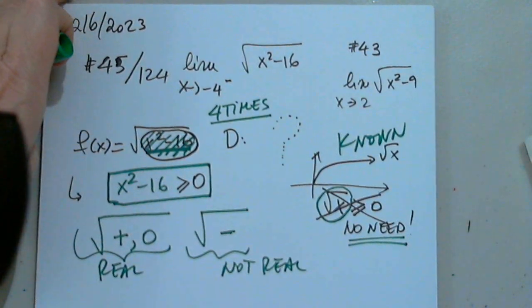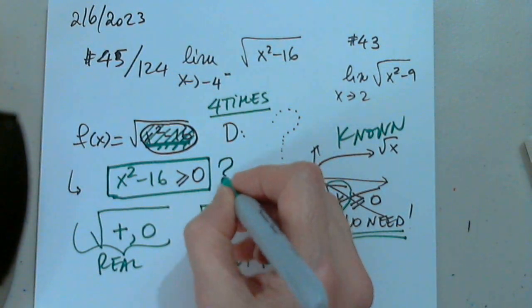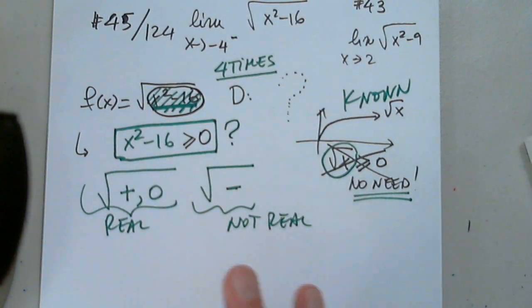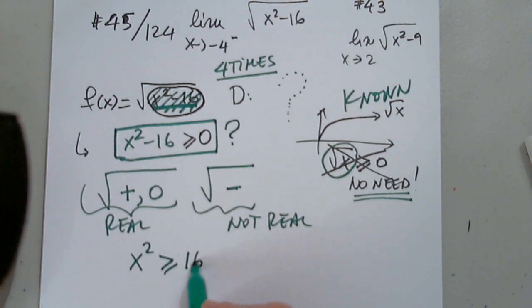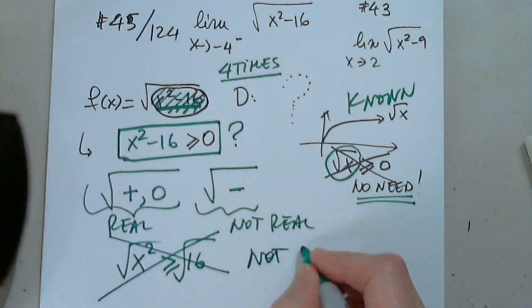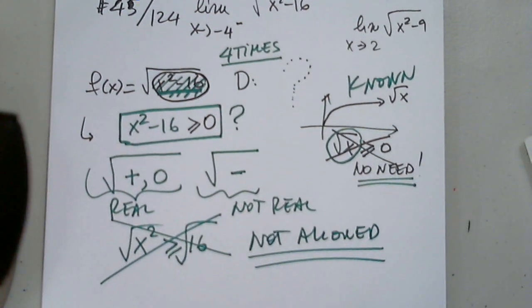Okay, now the question is, this is not easy. How do I solve a quadratic inequality? That is difficult. Not difficult, but it requires some thinking, right? So no, we cannot write this and take square roots. Not allowed. Not possible.